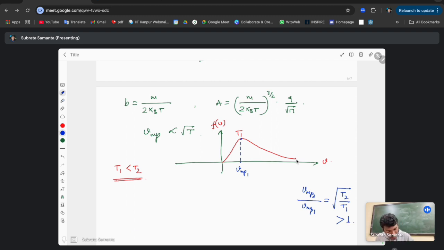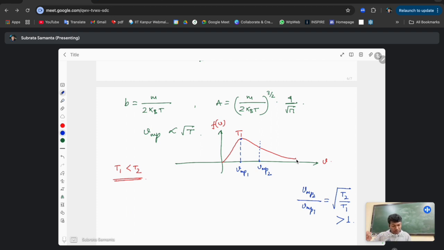So v MP2 is somewhere here, which means the curve must have a maximum at this point.